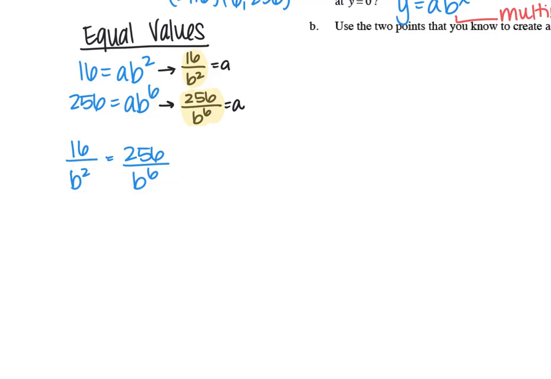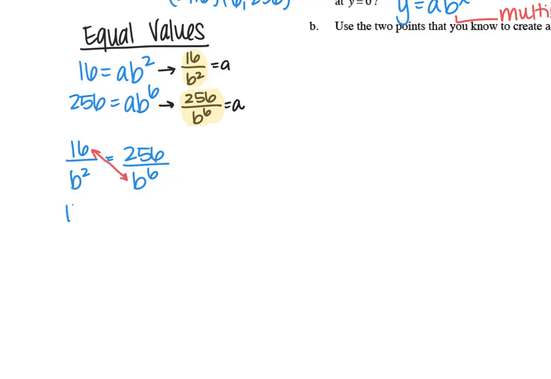Now, in order to eliminate these denominators, I'm going to do something that you can only do when you have two fractions set equal to each other. So what I'm going to do is I'm going to cross multiply. That means I'm going to take 16 and multiply it by b to the 6th.